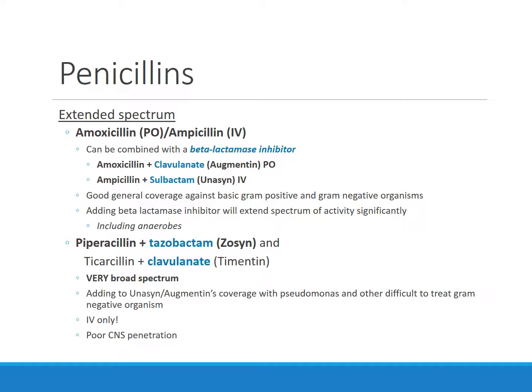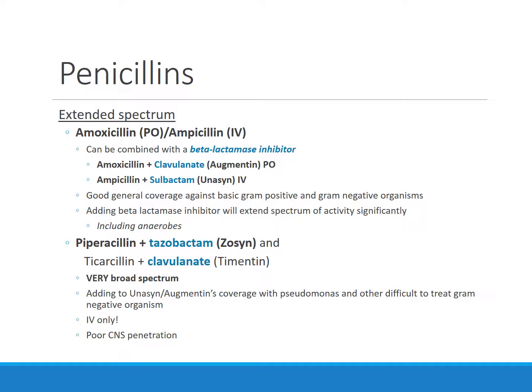Sometimes you'll see Augmentin used empirically over just plain amoxicillin, just because it's a more effective drug for a wider variety of pathogens. And in case you're curious, Augmentin and Unasyn, or amoxicillin and ampicillin, can be converted interchangeably with each other. And even though they're different drugs, we consider them to be the same as far as their spectrum of activity. So amoxicillin is the oral version of ampicillin. Augmentin is the oral version of Unasyn.